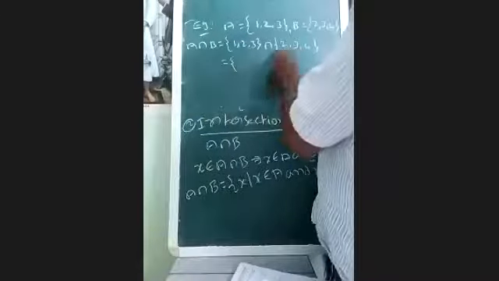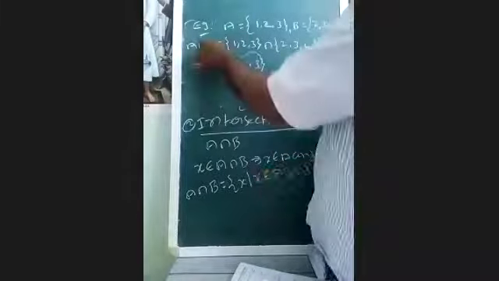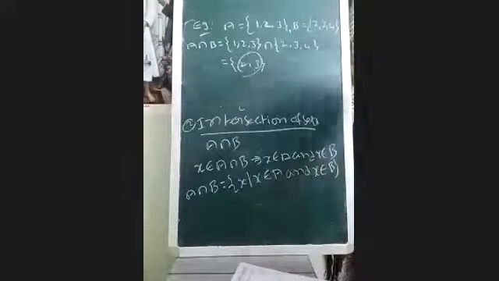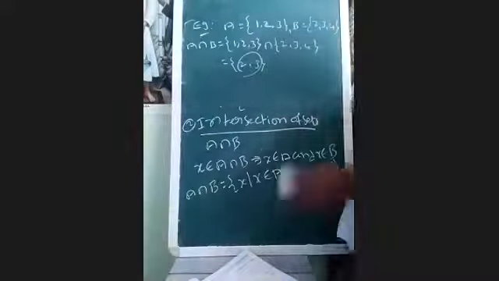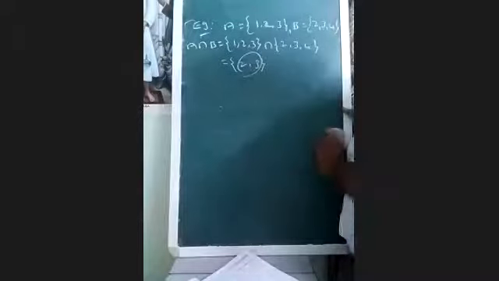You have to take common elements, set of 2, 3. Intersection means you have to take common elements. Then this is called intersection.